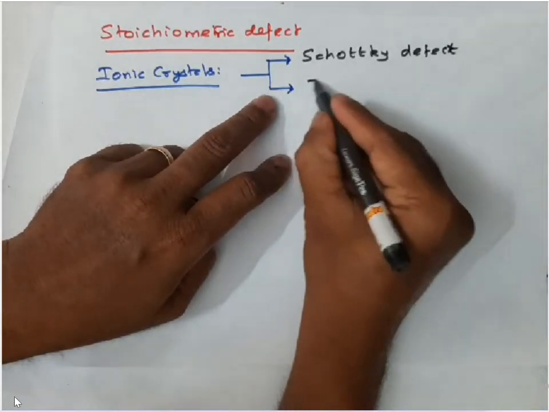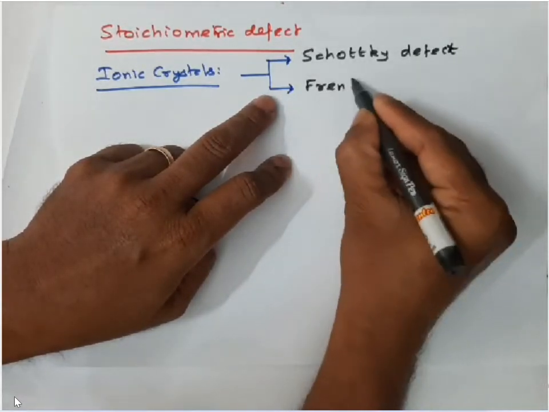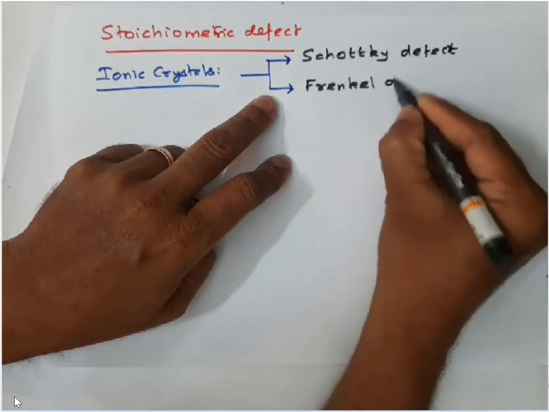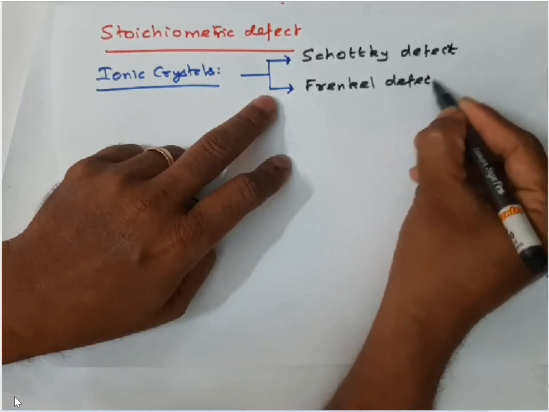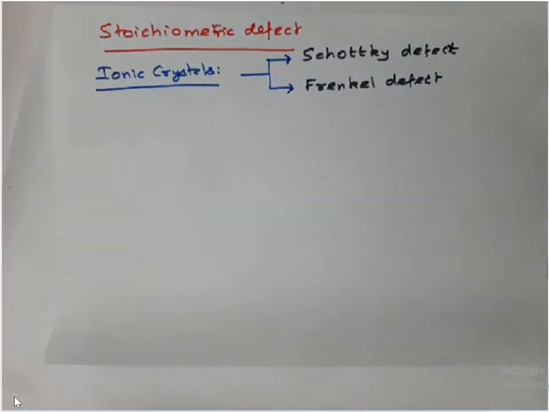Number two, Frenkel defect. So in ionic crystals, we have two types of stoichiometric defects: one is Schottky defect, the other one is Frenkel defect.